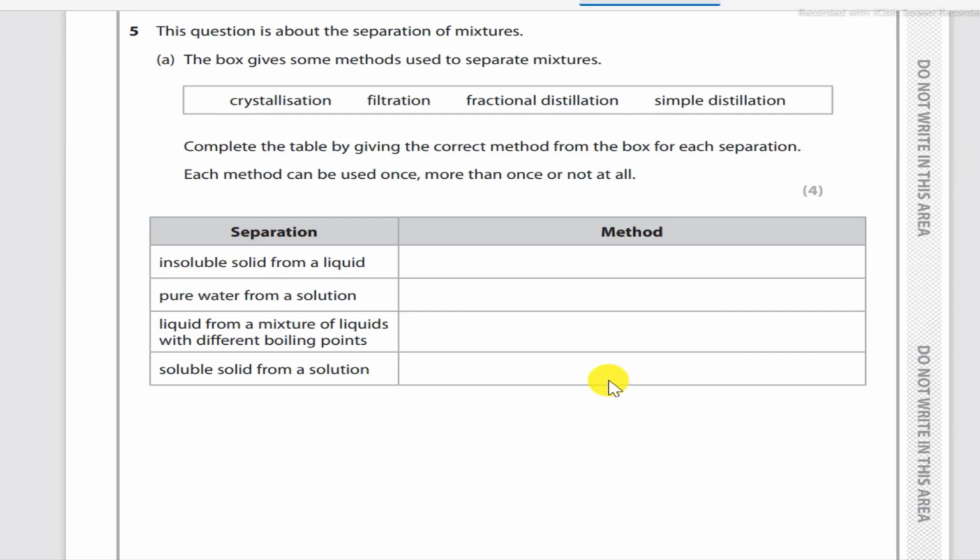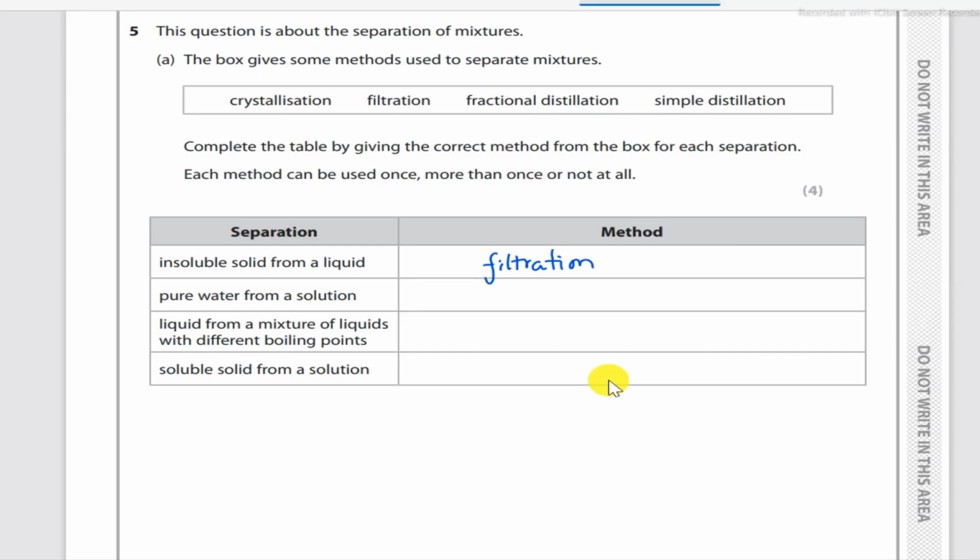Each method can be used once, more than once, or not at all. Insoluble solid from a liquid. Filtration method. So we can use filtration method.